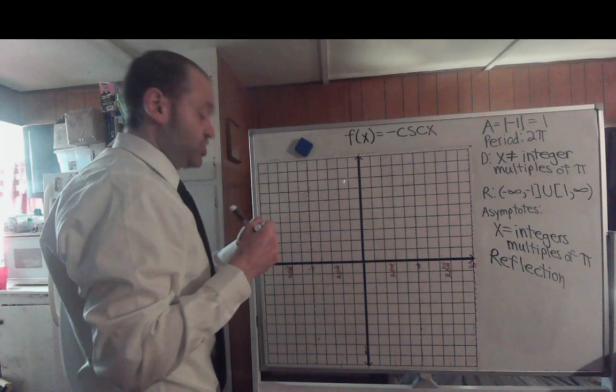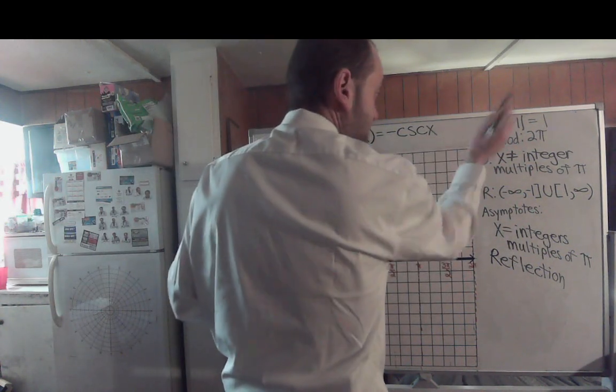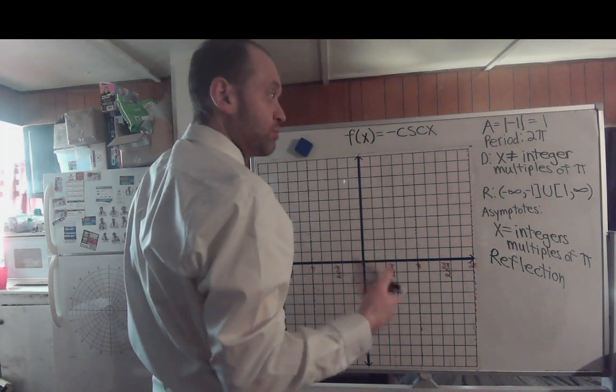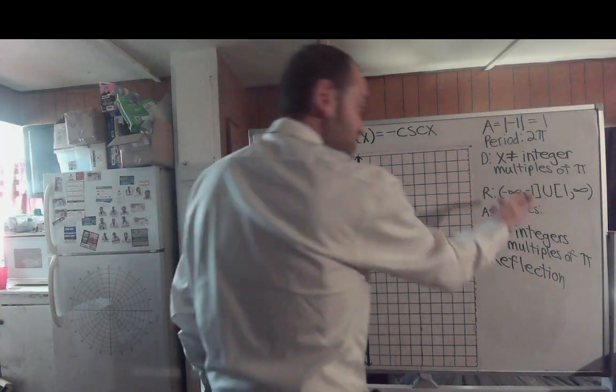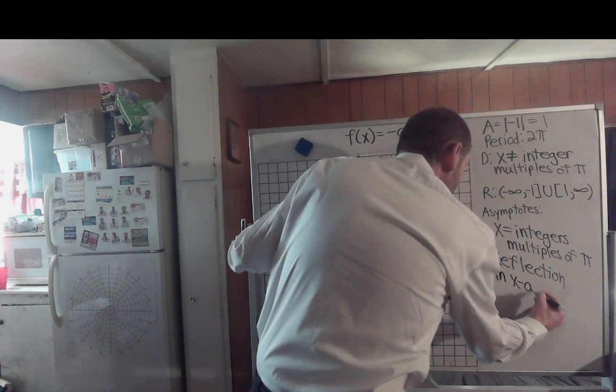So that hasn't changed. Your period stays the same. Your domain is still the same. It can't equal integer multiples of pi. Your range is still the same. Your asymptotes are the same. The only difference is you have a reflection in the x-axis.